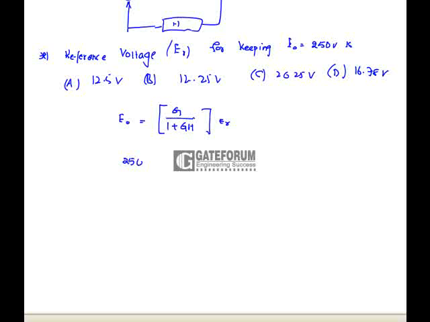Here this is 250, G is 200 divided by 200 into 1 by 10. So 200 by 21. So ER is equal to 21 by 200 into 250, which is equal to 26.25 volts. That is option C is correct.